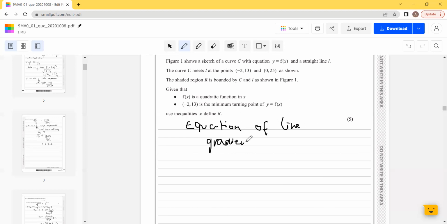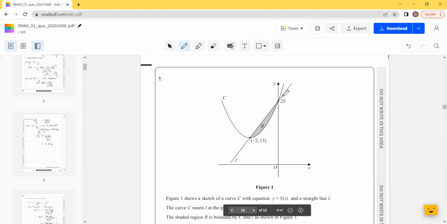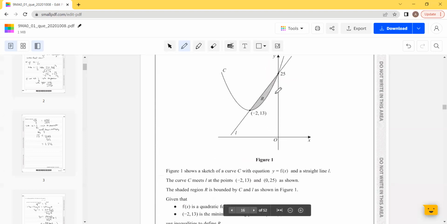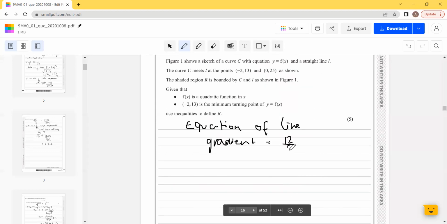We know that's the change in y over the change in x. It goes from 13 to 25, so it goes up 12, and then from minus 2 to 0 is 2, so the gradient is 6. So the equation of the line L is y equals 6x plus c.